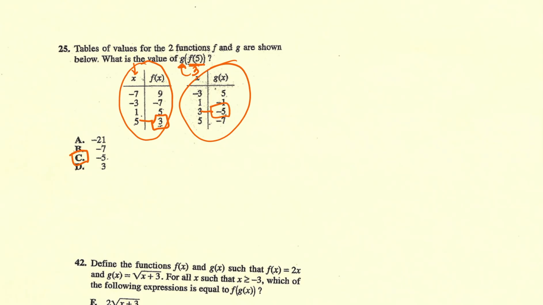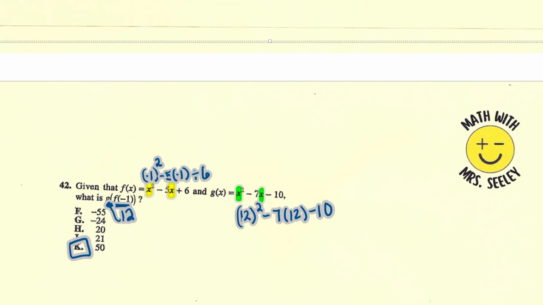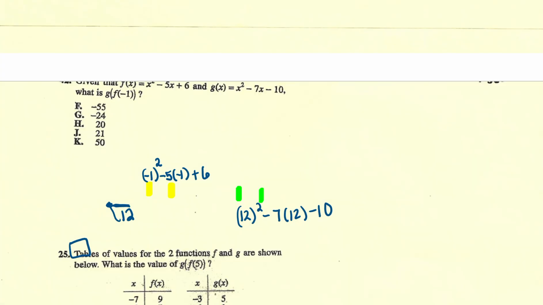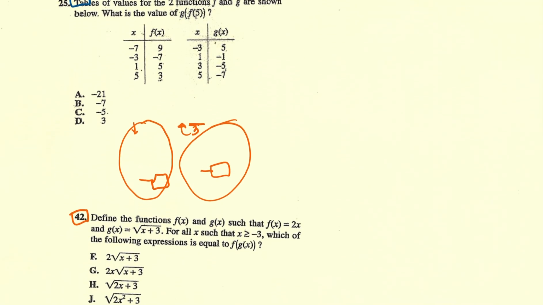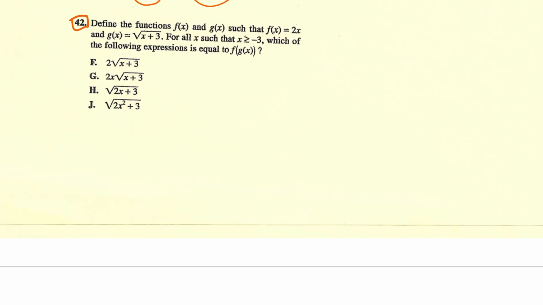Up to this point, if you'll notice, we've been putting numbers in and getting numbers out. Well, on this next set of problems, it's telling us that we're going to put letters in right here. So it's saying to now take the g of x.